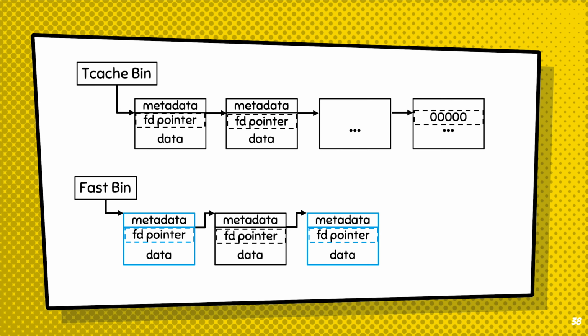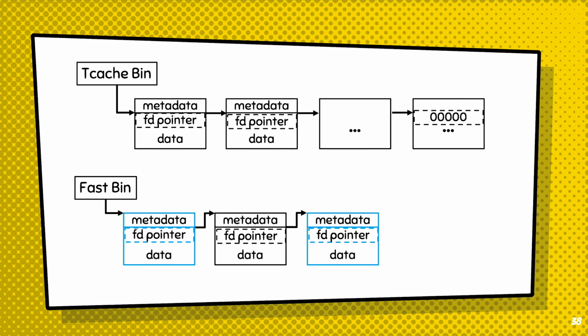Suppose that we already filled the T-cache bin, and additionally, we have 3 chunks in Fastbin. In Fastbin, the 2 blue chunks are identical. So we have freed a chunk, which is currently denoted in blue. We have freed that chunk twice, and both of them are in Fastbin.